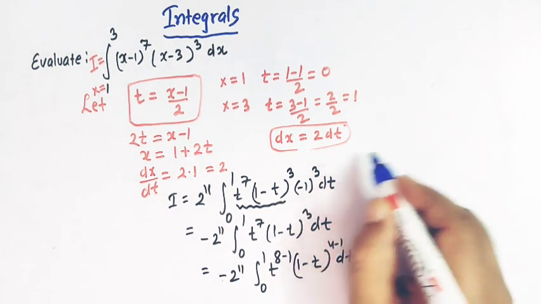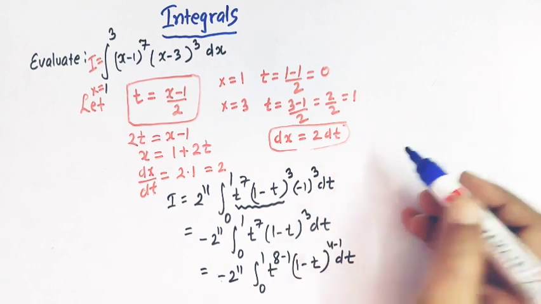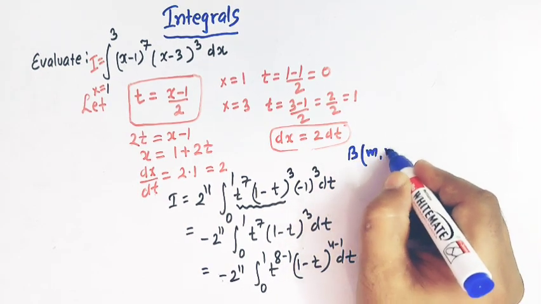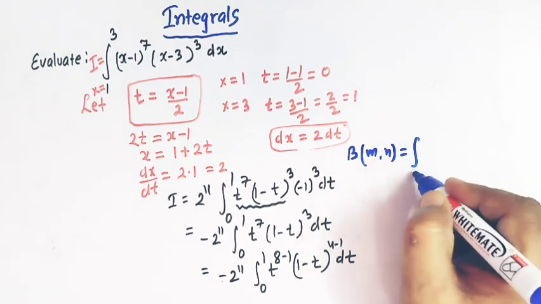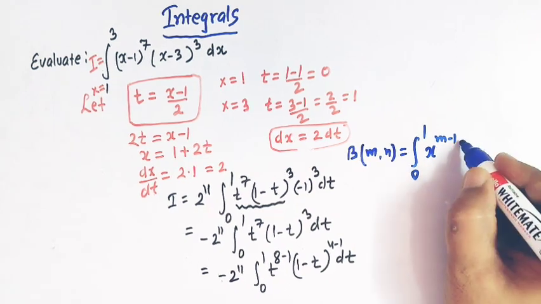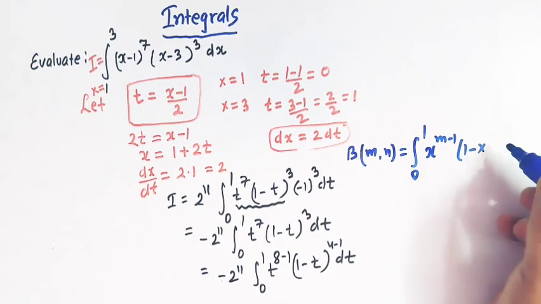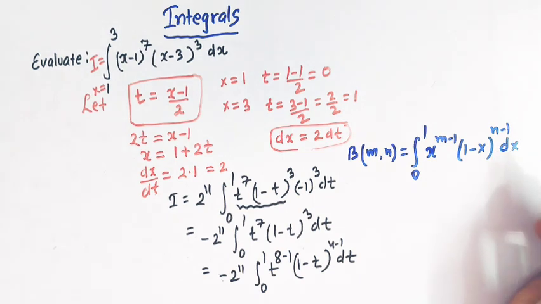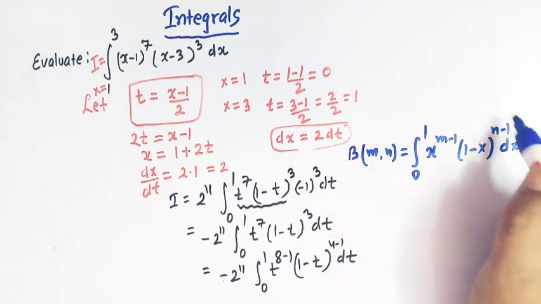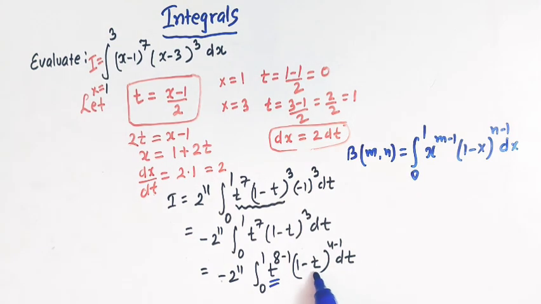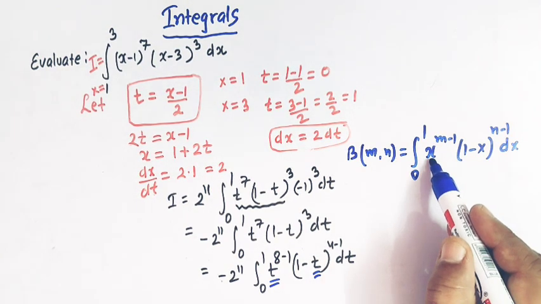So now the Euler's integral of the first kind can be expressed as beta(m, n), which is the integral from 0 to 1 of x raised to m minus 1 and (1 minus x) raised to n minus 1 dx, right? So this is defined as the beta integral, and here we have the variable t in place of x.